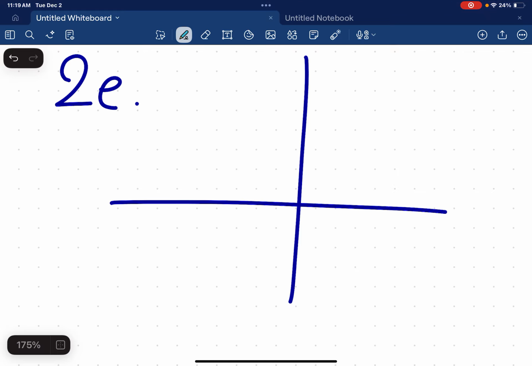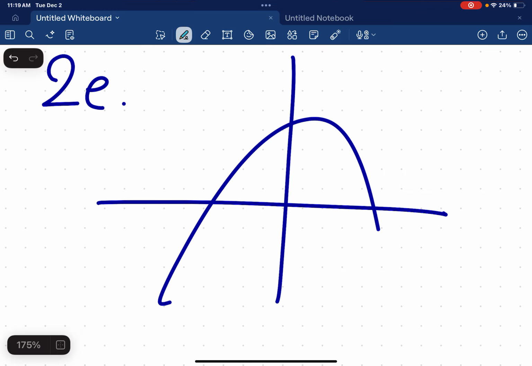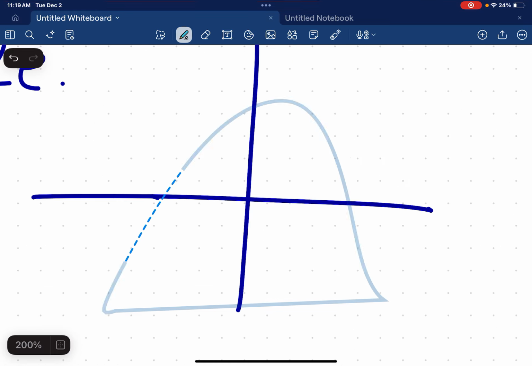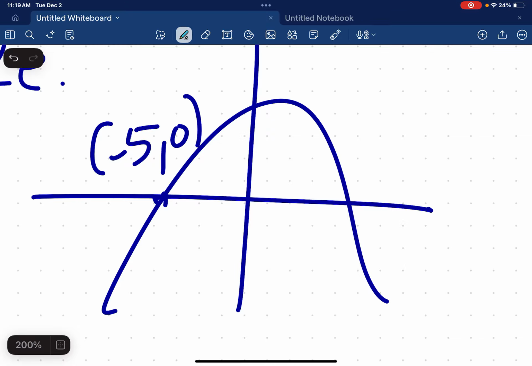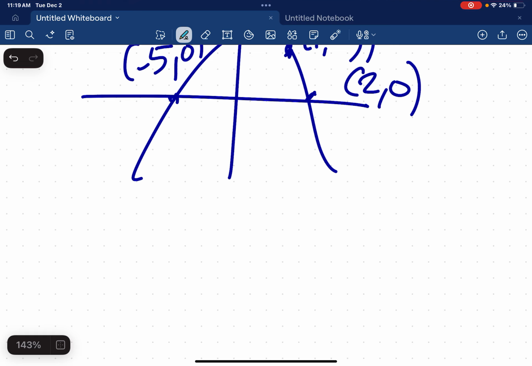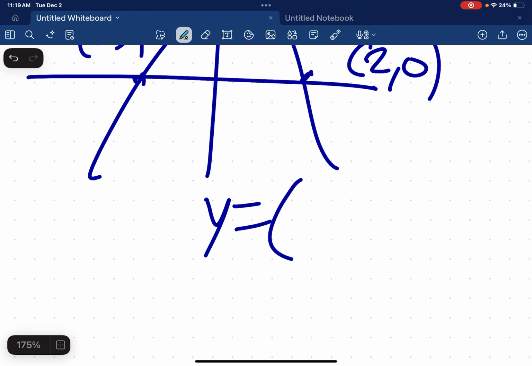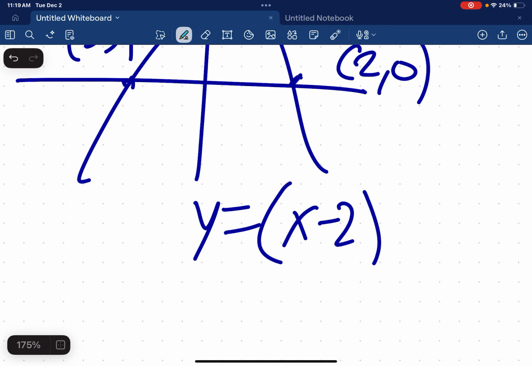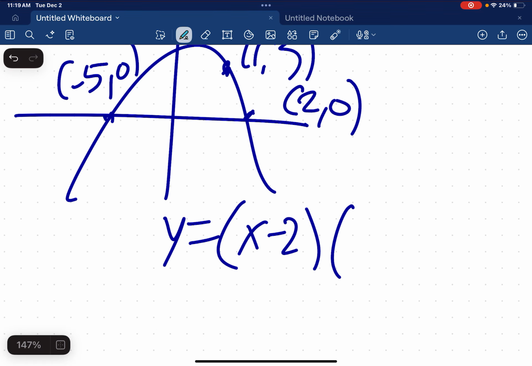2E. We're given this chunky function where we have (-5, 0), a random point of (1, 3), and our final x-intercept of (2, 0). So once again, we're going to write this in factored form, (x minus 2)(x plus 5).